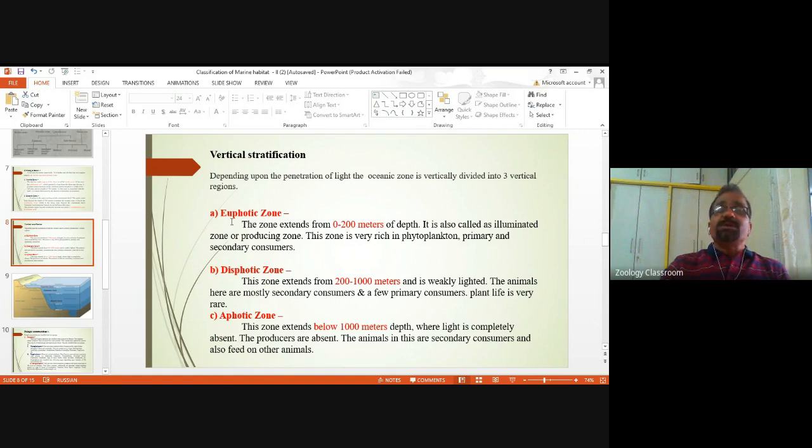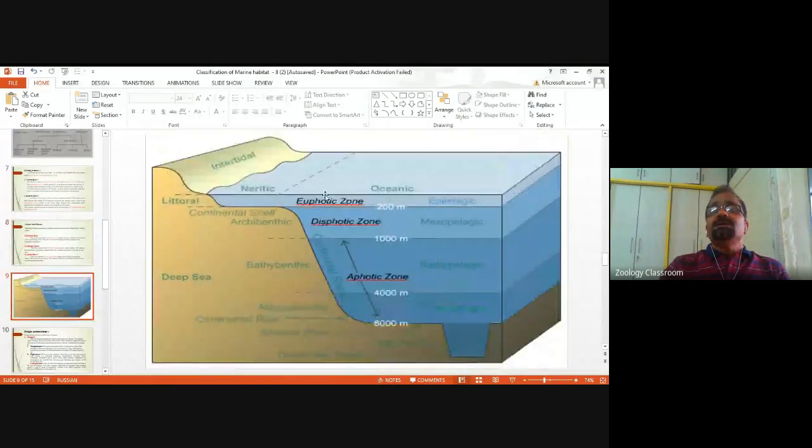Euphotic means truly illuminated, also called the producing zone, because photosynthetic activities are much more rapid, and photosynthetic organisms, especially phytoplankton, are abundant in this zone up to the depth of 200 meters.